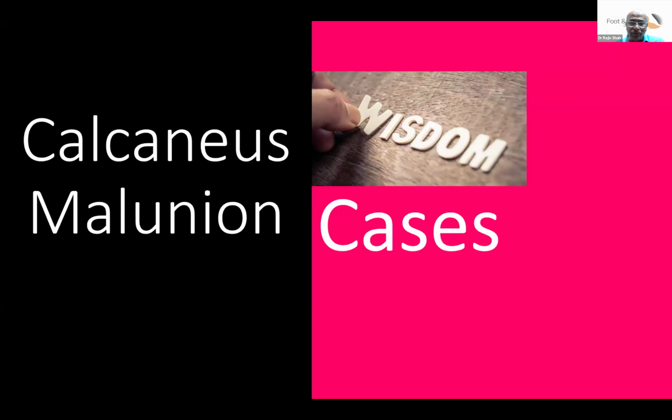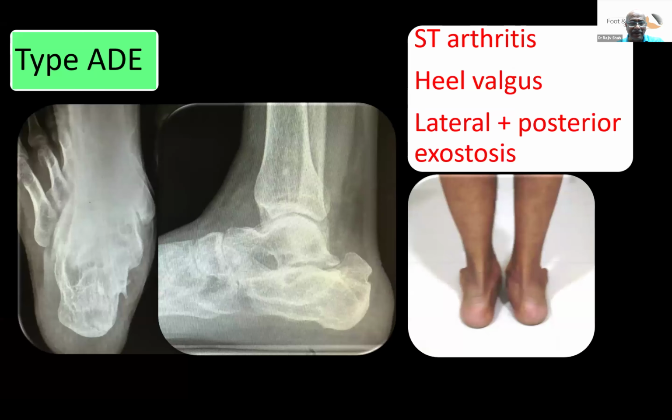Now, let me show you a few cases of calcaneus malunion. This was a type ADE case, with arthritis, deformity, and exostosis. There was subtalar arthritis, heel valgus, and lateral and posterior exostosis.